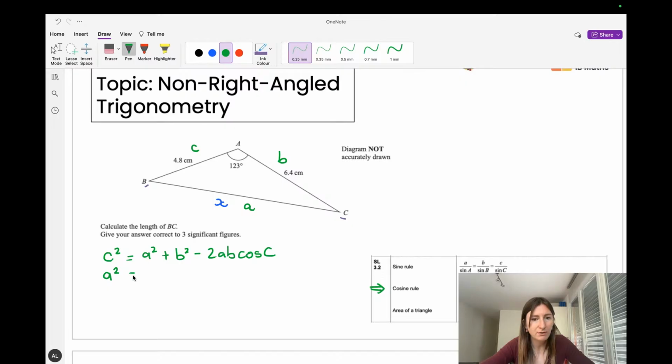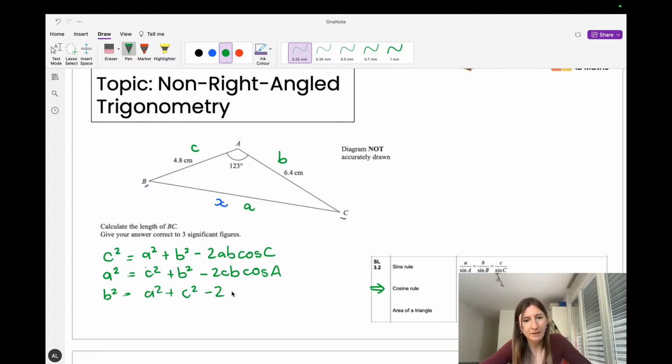It can also be a squared equals c squared plus b squared minus 2cb cos a. See how I've just switched the a and the c? That's the one we want to find. We could also write it b squared equals a squared plus c squared minus 2ac cos b. These are all the same formula, so it just depends on which one you're trying to find.